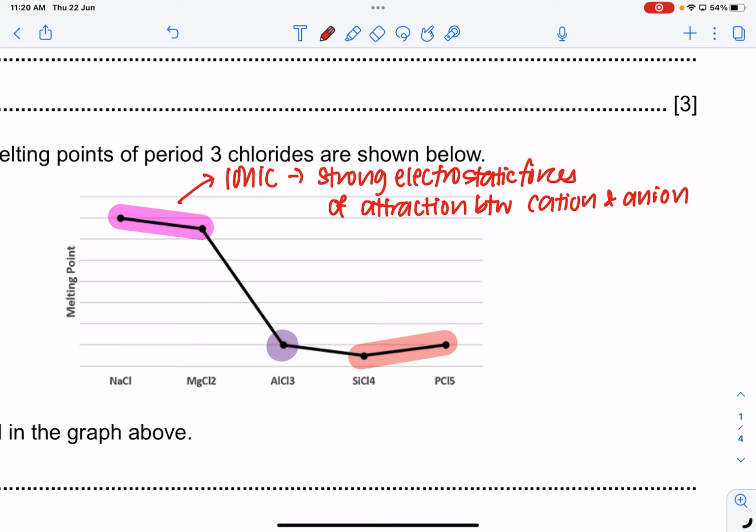Then the idea here is, why is Mg greater? Sorry, why is Mg smaller? So the idea here is that your Mg2+ has higher charge density, so higher Q over R, so there is greater partial covalent character.